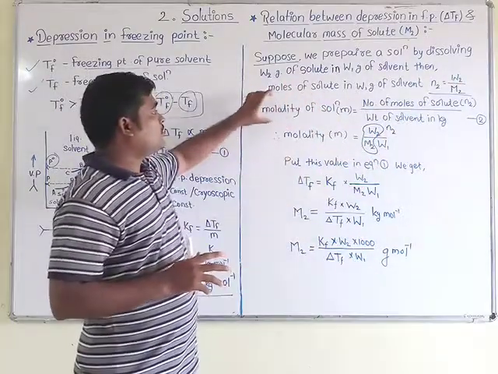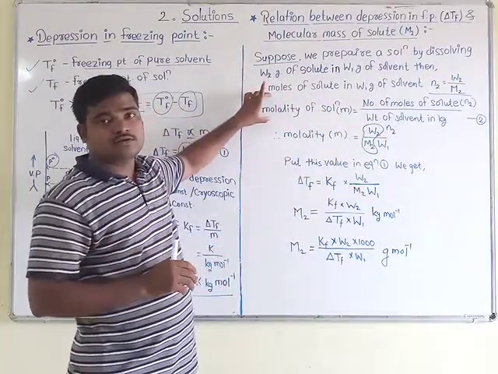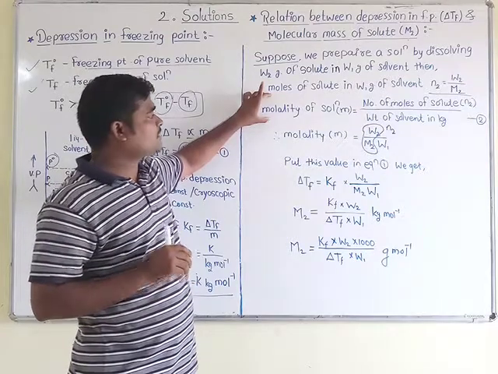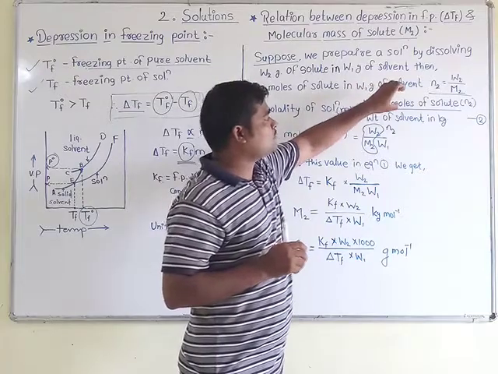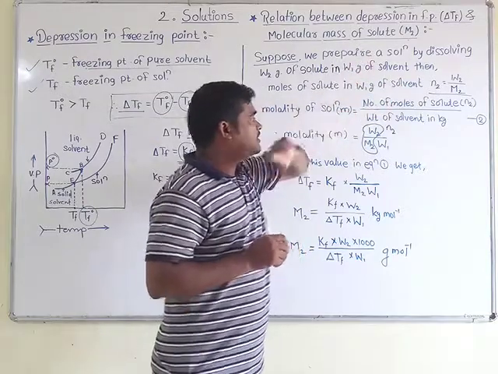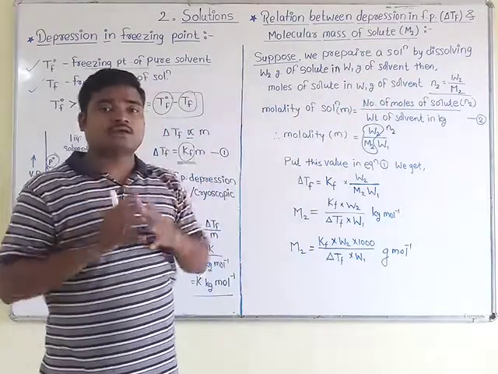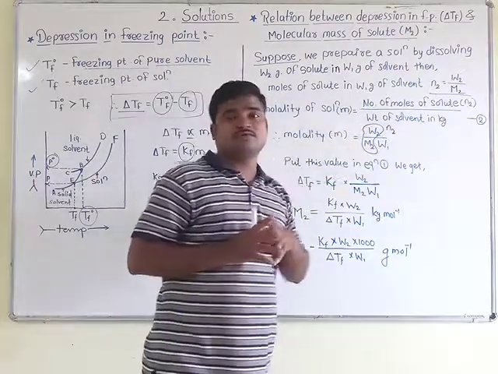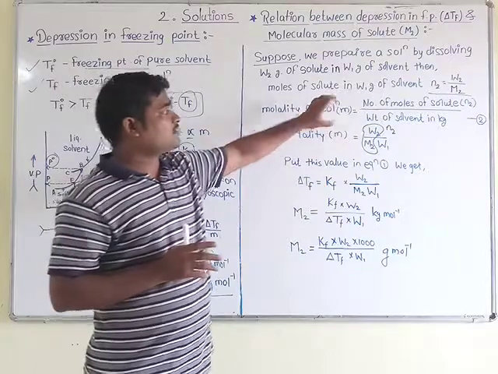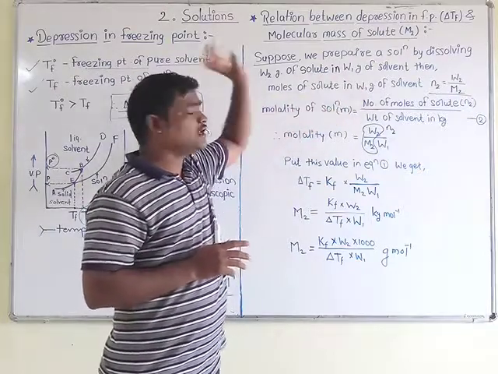Now we will come to the definition of molality. Molality of the solution is nothing but the number of moles of solute particles dissolved in a kg of solvent, that is, the weight of solvent we are measuring in kg. This is the definition of molality.